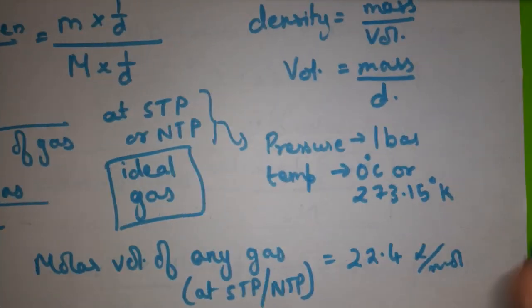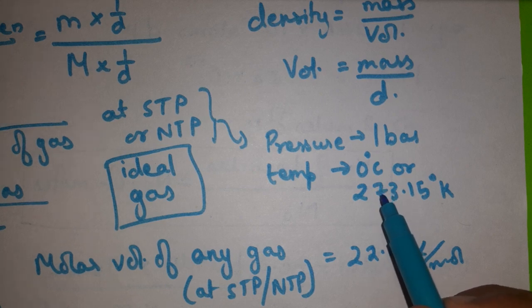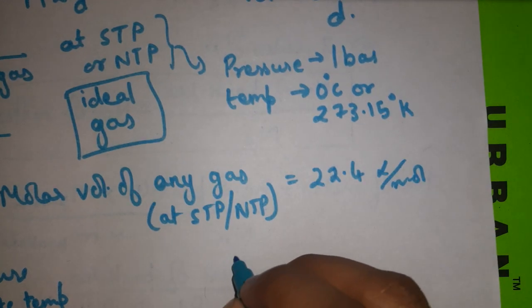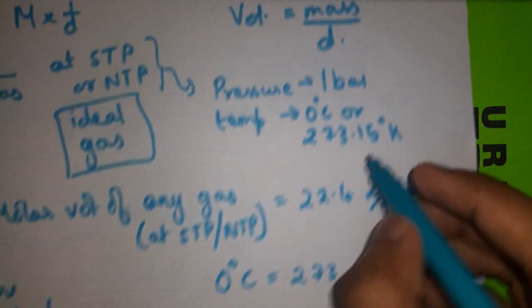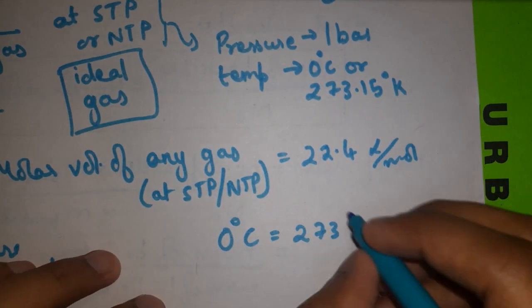Temperature in Kelvin, I think you easily understand how to change Kelvin to Celsius and Celsius to Kelvin. It's easy: 0 degrees Celsius is equal to 273. You can just take 273, it doesn't really matter; 273.15 is not usually taken.